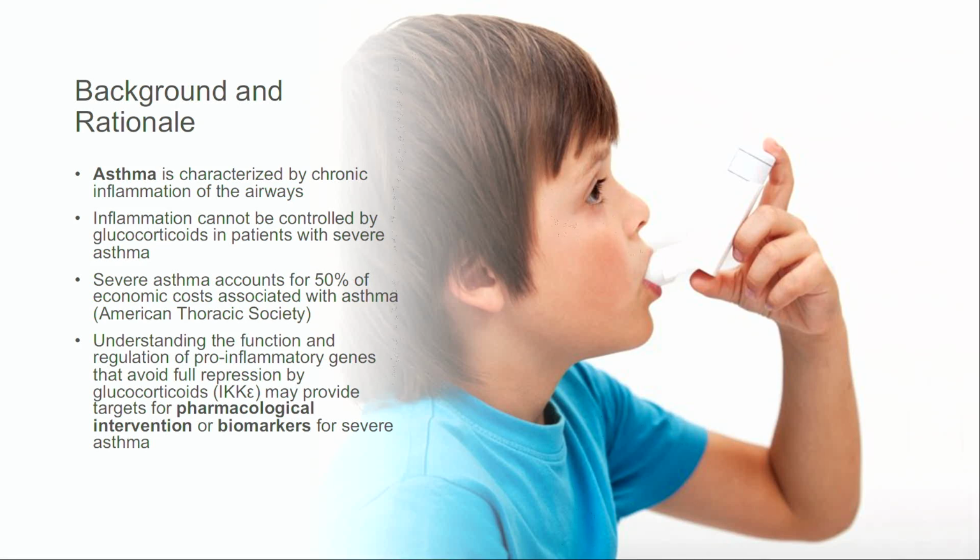Thus, understanding the function and regulation of pro-inflammatory genes that avoid full repression by glucocorticoids, which I will explain is relevant for IkB-kinase epsilon, may provide targets for pharmacological interventions or biomarkers in severe asthma.